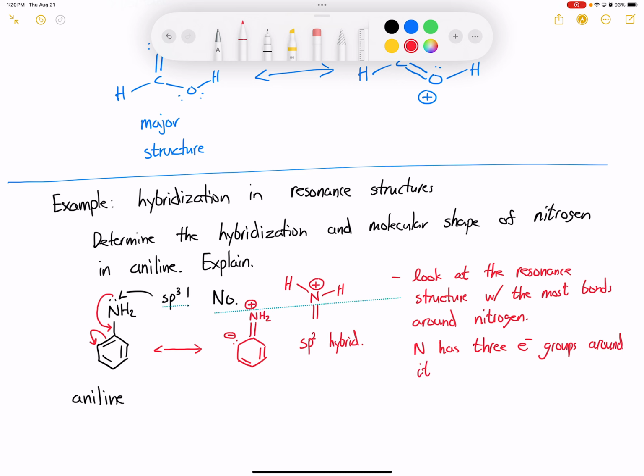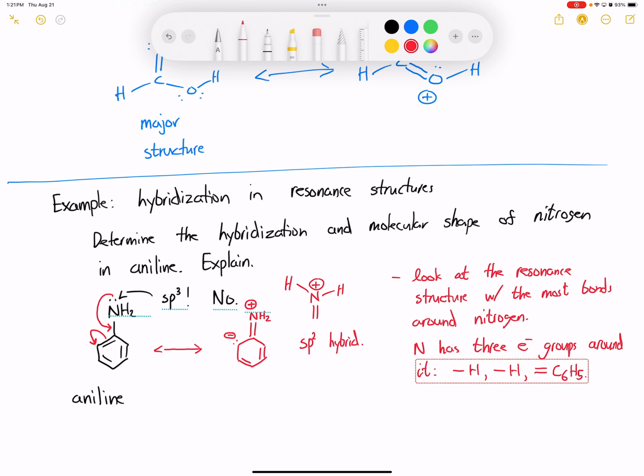Okay, so let's just name them right now. So we have a bond to H, a bond to another H, and then a double bond to the benzene ring, C6H5.